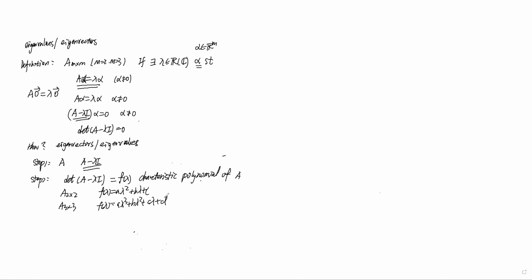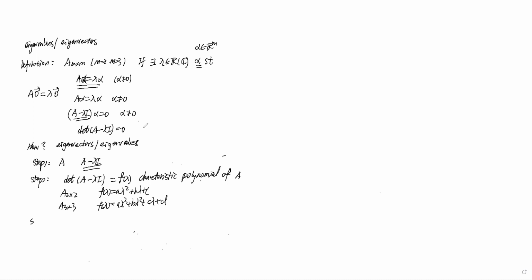You don't have to memorize this. I just tell you some information. When you are doing a problem, you don't have to care about the power 2 or 3. You just compute it like you did for the matrix. Okay, and then you get a polynomial. This is step 2.